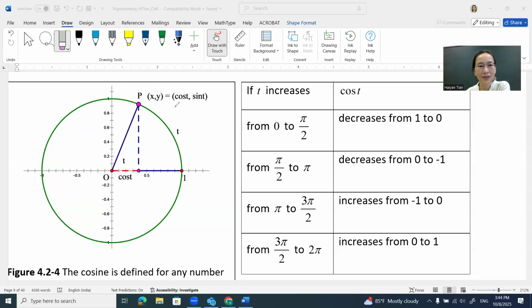In this video, xy is not related to the function value, but is just the xy coordinates of a point on the terminal side. And this point is also the intersection of the terminal side of t with the unit circle. That means it is not only on the terminal side, it is also on the unit circle. So that's the meaning of xy, the coordinates of the point.